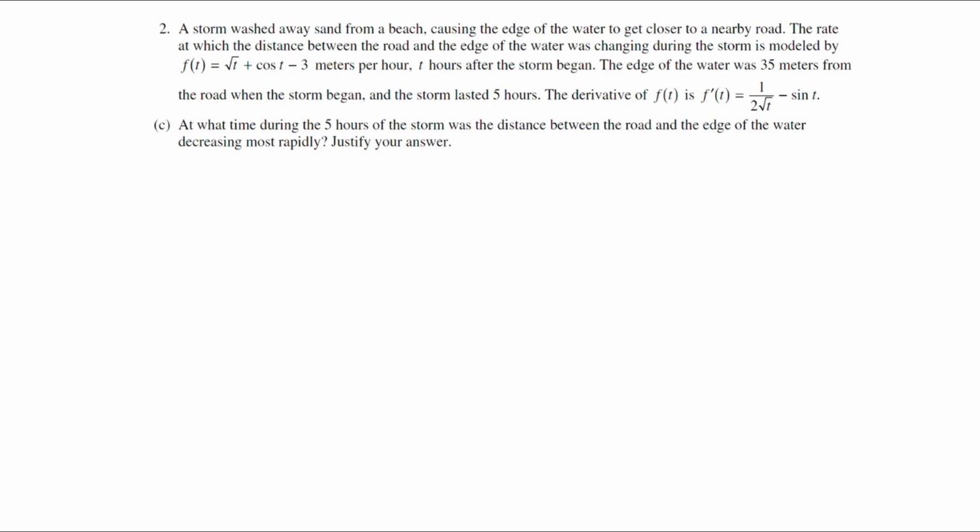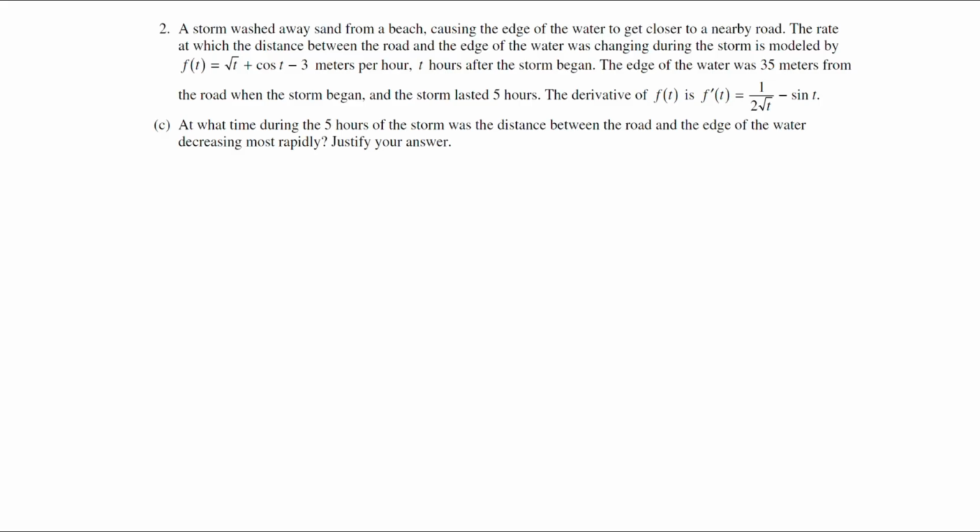In part C, it says, at what time during the 5 hours of the storm was the distance between the road and the edge of the water decreasing most rapidly? So when is the distance between them decreasing the fastest? The rate of change of it is f.